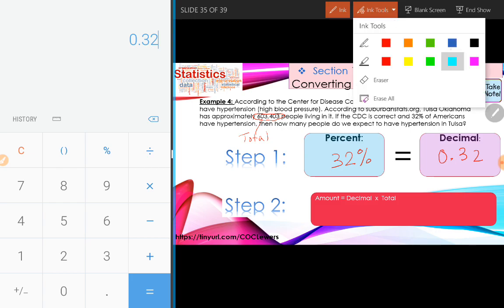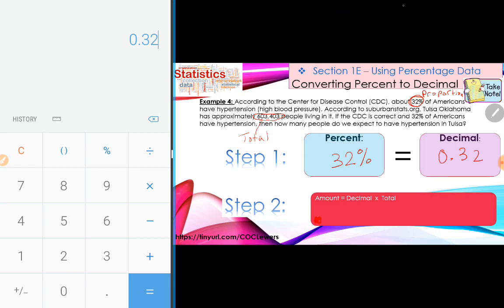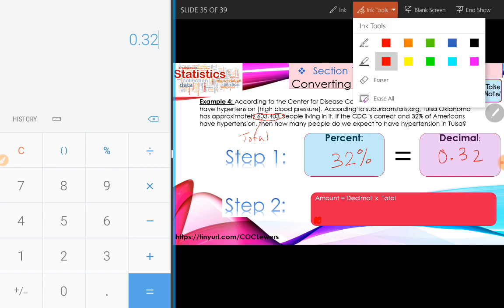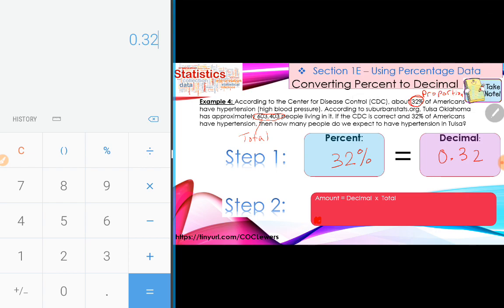Okay, so our amount, we're looking for the amount.